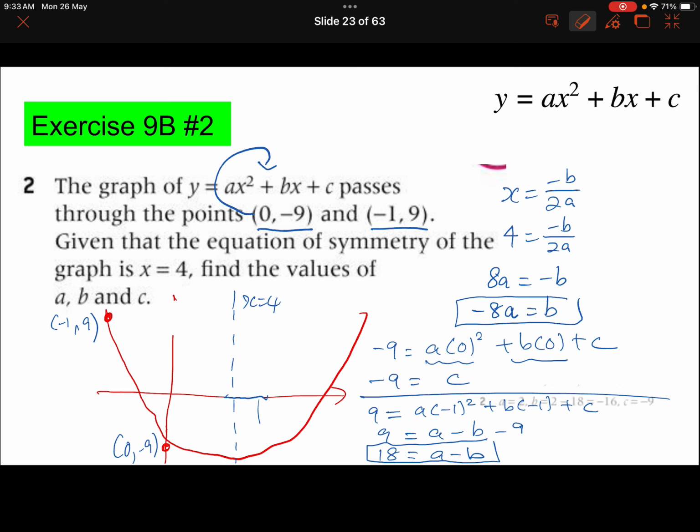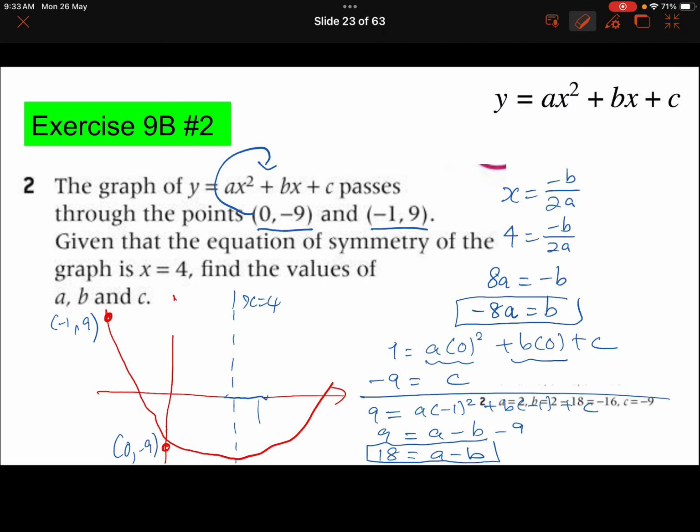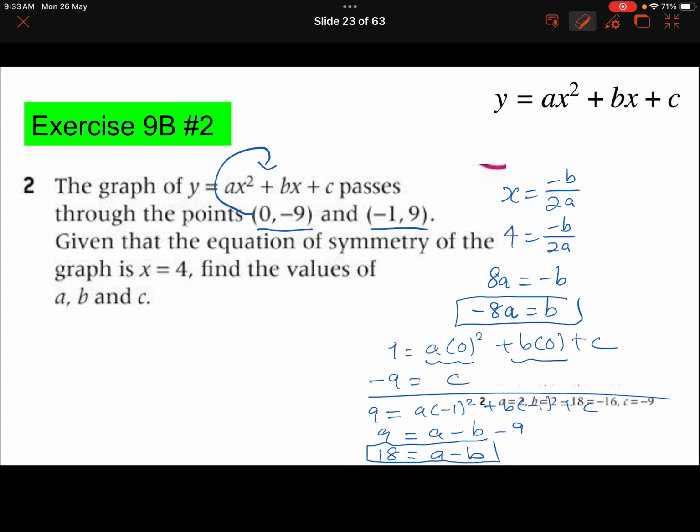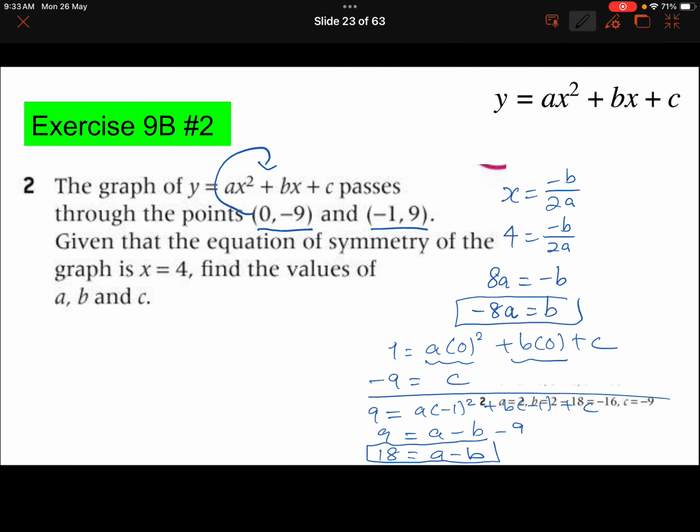Okay, so all right, so I'm going to quickly show you how we can do this. I'm just going to erase the graph here. And I'm just going to quickly show you how we can solve this equation. All right, so since b is -8a, what I could do is I could replace this b with -8a.